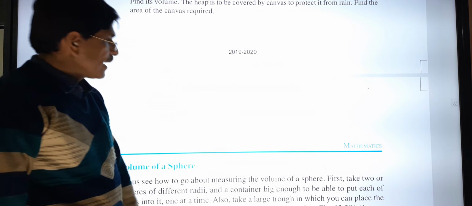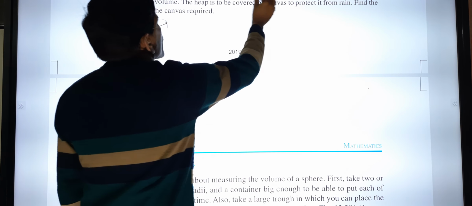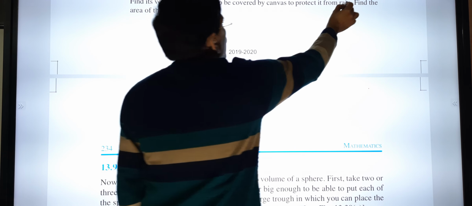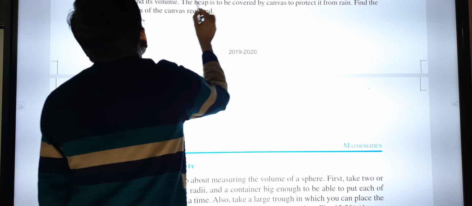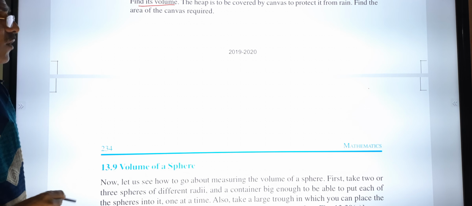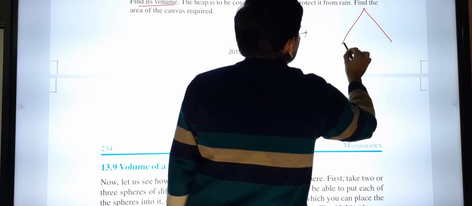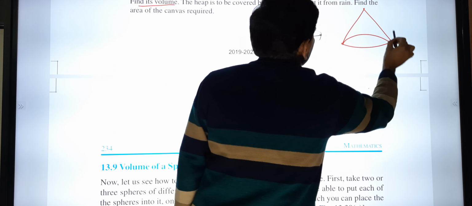In question number 9, if you see properly, cone is there, diameter is there, height is there. Find the volume. A heap of wheat is in the form of a cone. So we can draw one cone here. It's a cone.